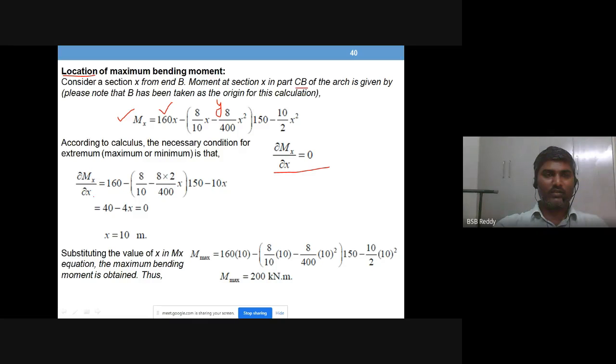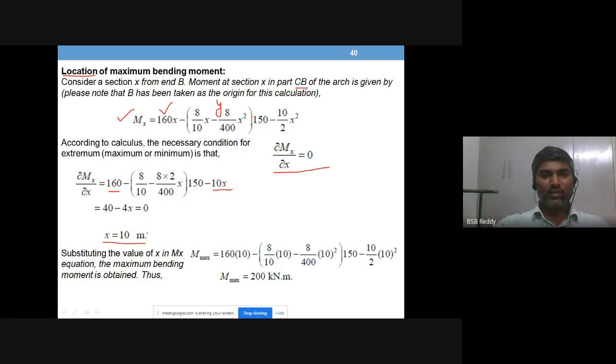So this is ∂Mx/∂x. 160 into x, ∂/∂x of x is 1, so it is 160, and 150 is a multiplier and it is a constant. 8/10 into ∂/∂x of x is 1, and 8/400 x square differentiates to 2x, and 10/2 x square differentiates to 2x, so the 2 gets cancelled and it will be 10x. Simplifying this, you get 40 minus 4x is 0, and x is equal to 10 meters.